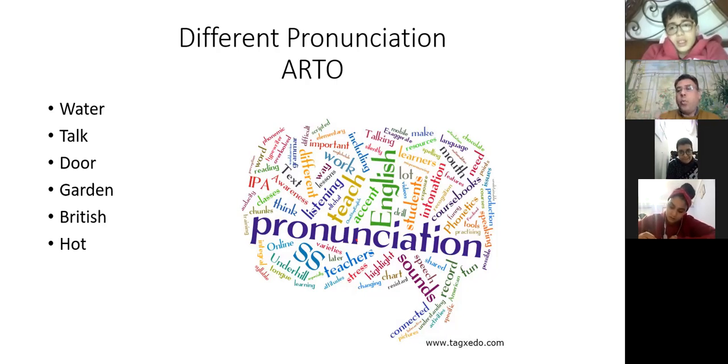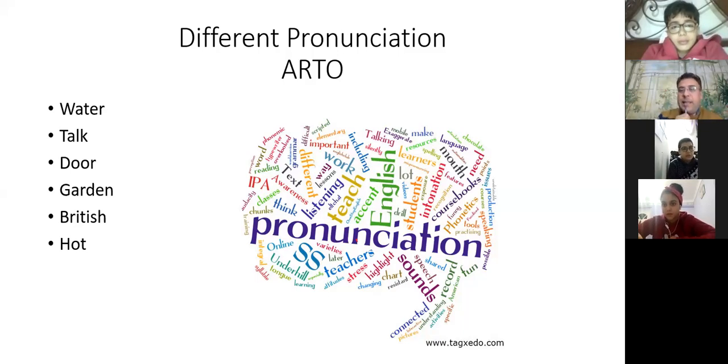In British, water; in American, water. So we have the first difference: A in British is near to O, and A in American is near to A.